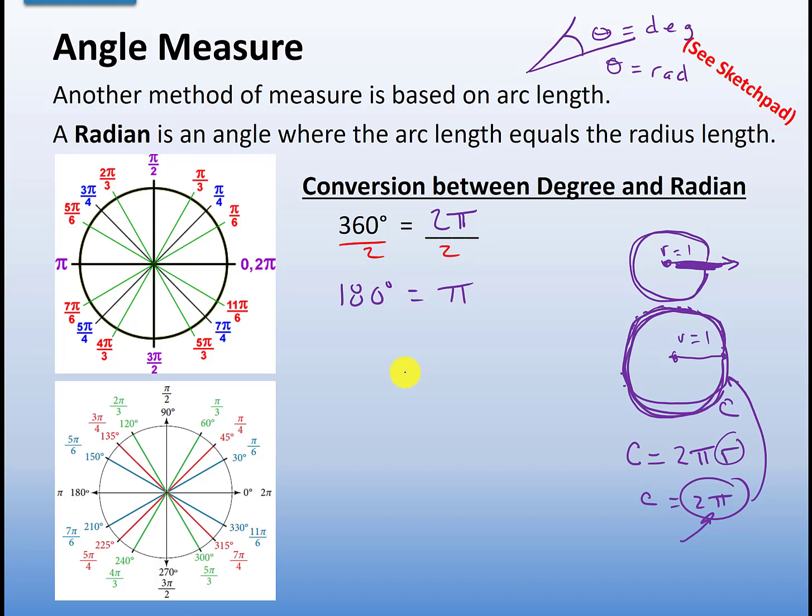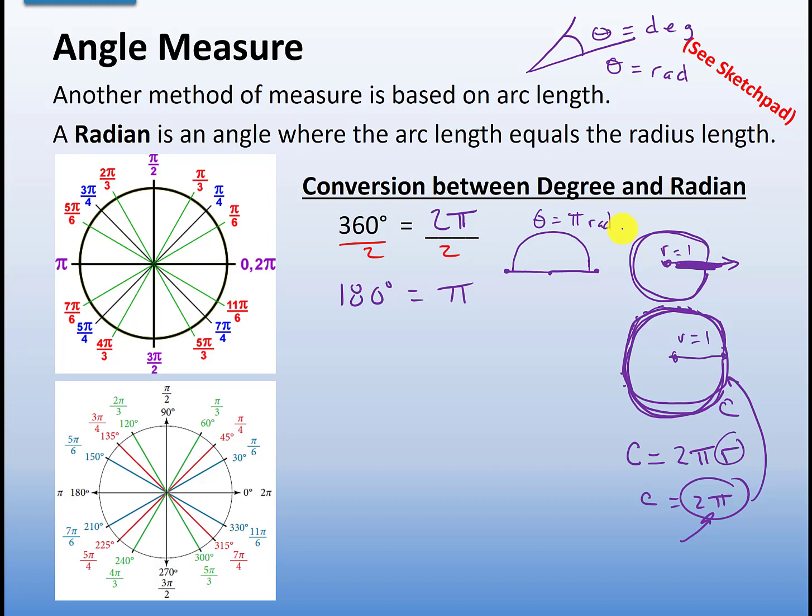So if I measure this here, and I go to this other side, I went 180 degrees. But if I were to measure that in radians, theta would be pi radians. Now at first I'm going to say pi rad to communicate that we're talking about a different unit of measure. But eventually I'm going to take the rad off, and it's just going to be a number.